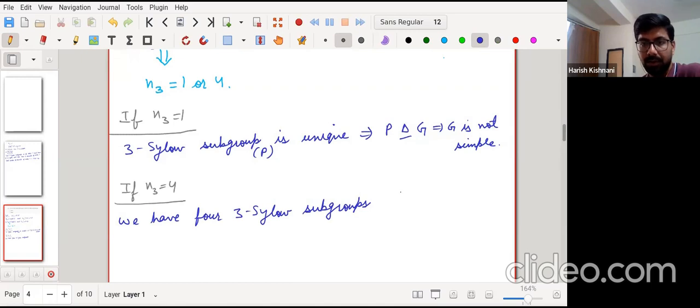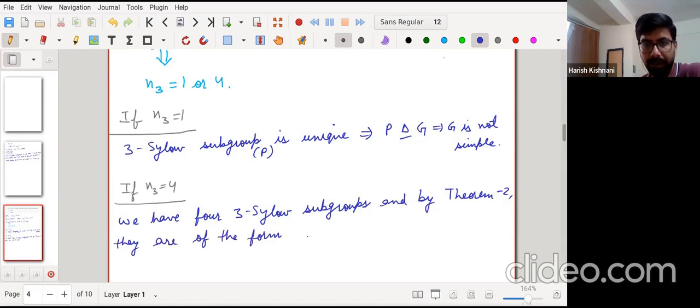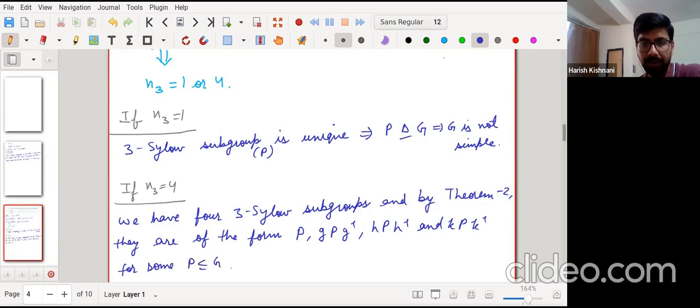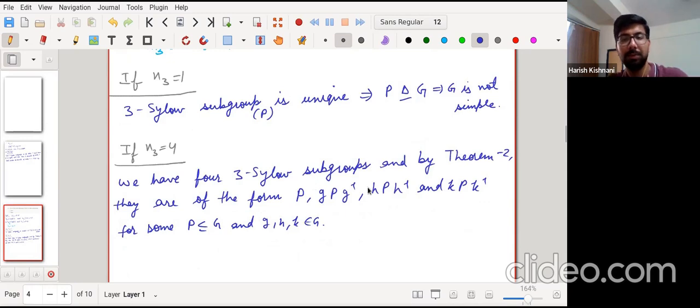By theorem 2, they are of the form G P G inverse, H P H inverse, and K P K inverse, for some Sylow subgroup P of G, and G, H, K are elements of G. So we can take the four Sylow 3 subgroups to be of this form.